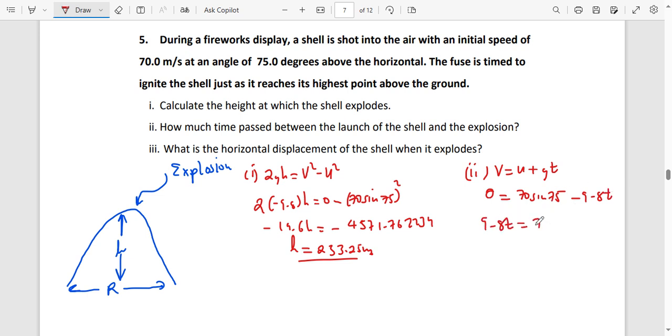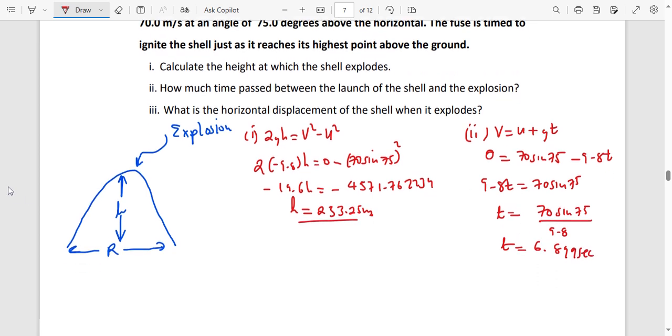Dividing both sides by 9.8, t is 70 sin 75 over 9.8. The time is going to give us 6.899 seconds.